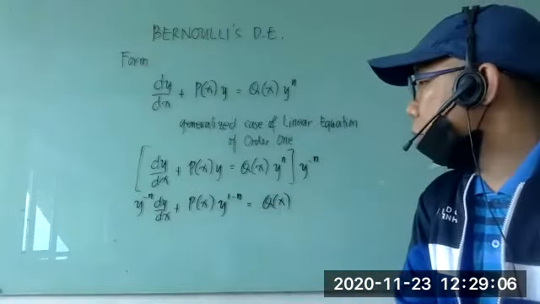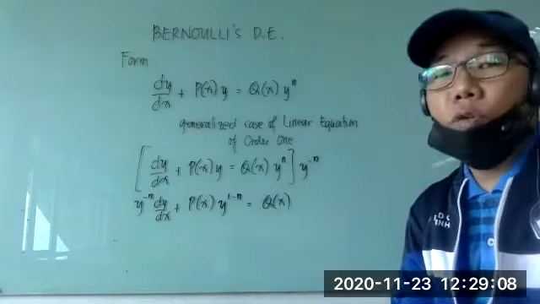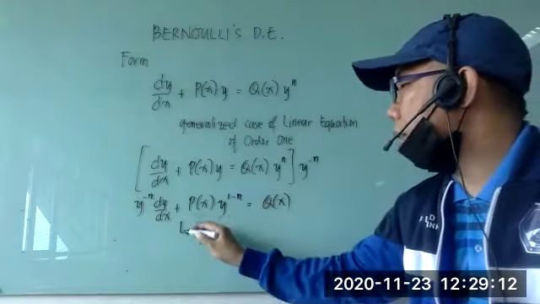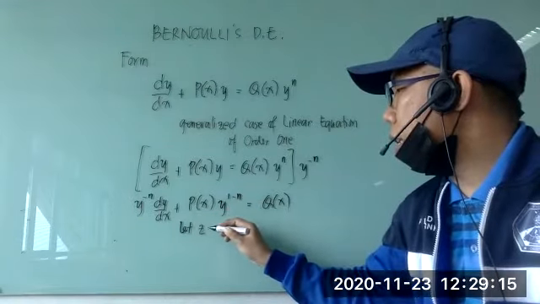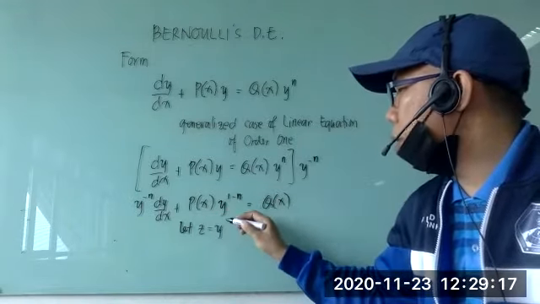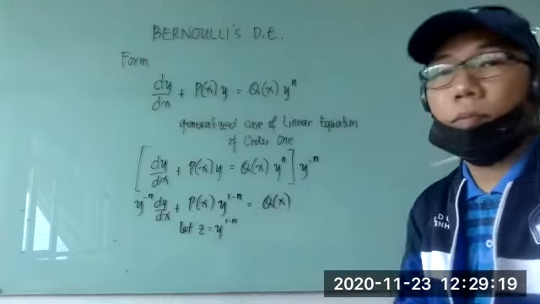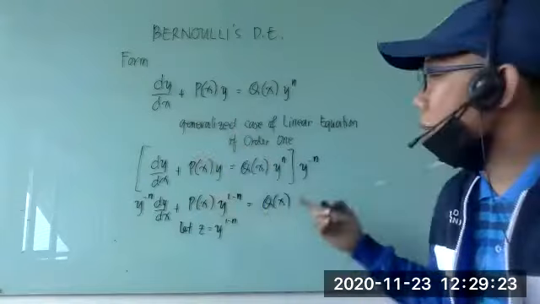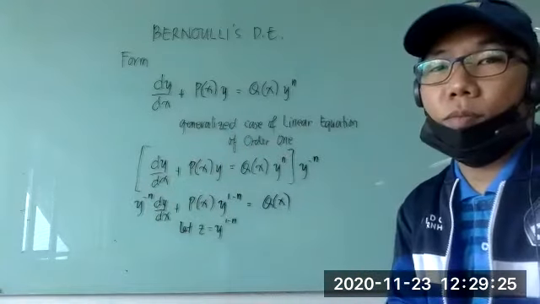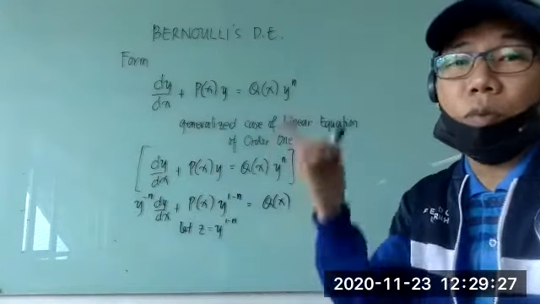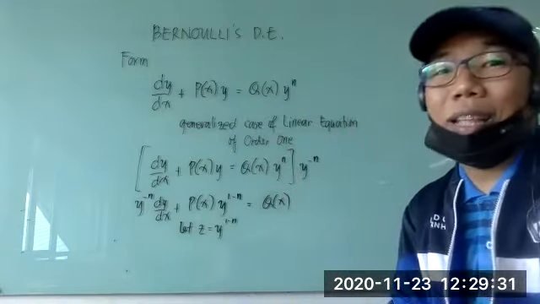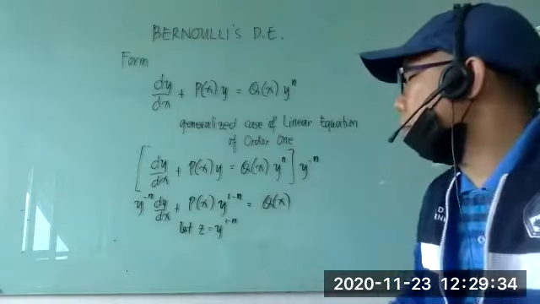Now the next step is to let a new variable represent this expression here. So we let z equal y raised to 1 minus n. And what's the next step? We are going to replace the variable y in this equation so that we have variables x and z in the linear equation later if we arrange it.